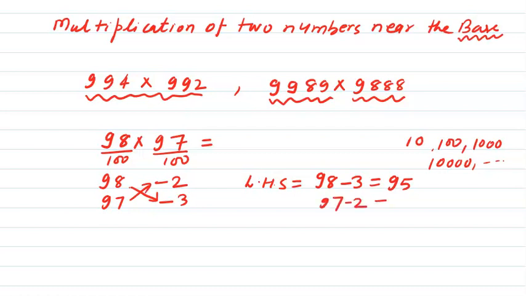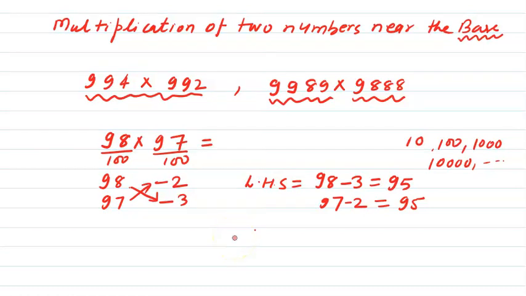So 97 minus 2 is also 95. Here I just want to highlight that I have talked about both ways of calculating the left hand side just for understanding purposes. While solving the problem, you don't have to do both, right? You just have to do one of them.